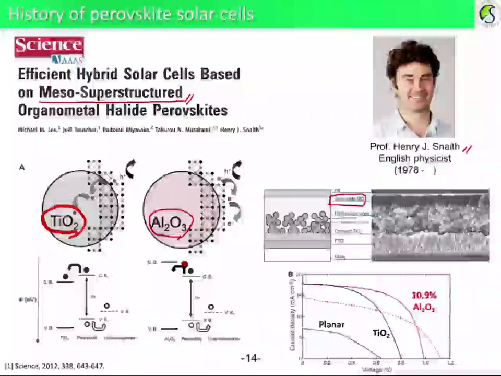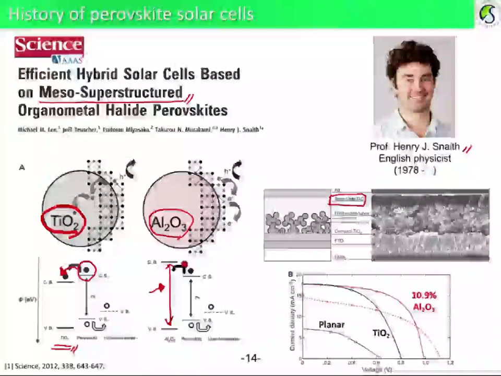In fact, in the case of titanium dioxide, it is an n-type semiconducting oxide, so the photo-generated electron in perovskite will be injected into the titanium dioxide and collected towards the electrode. Whereas in the case of aluminum oxide, it has a much higher band gap. So the photo-generated charge cannot be injected into the aluminum oxide.